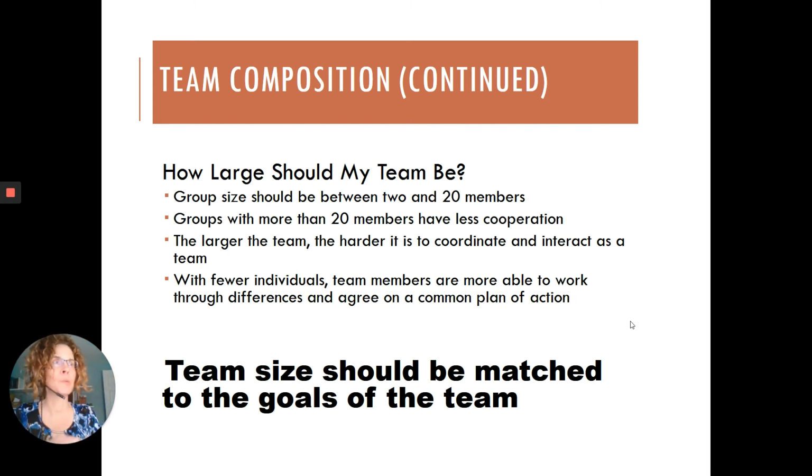What'll end up happening is people will break off into subgroups and they won't be thinking about the overall team as much. When you have fewer people, I would argue the right number of people, team members are more able to work through differences and to agree on a common plan of action, even when they are very diverse.